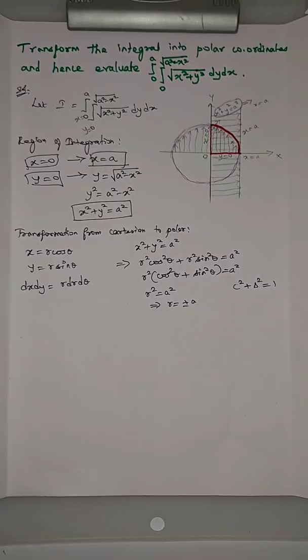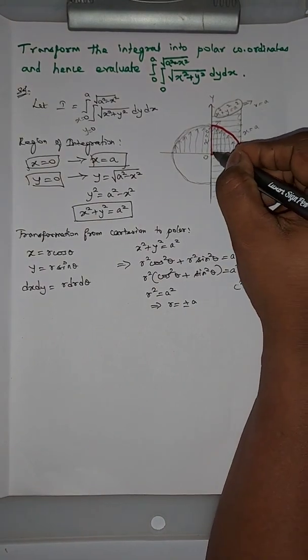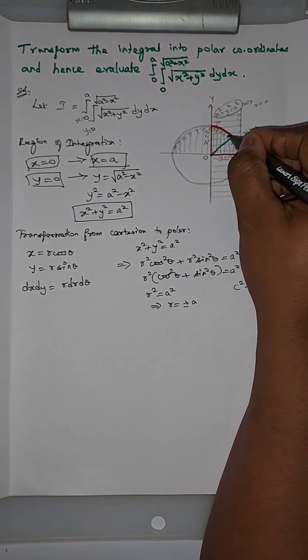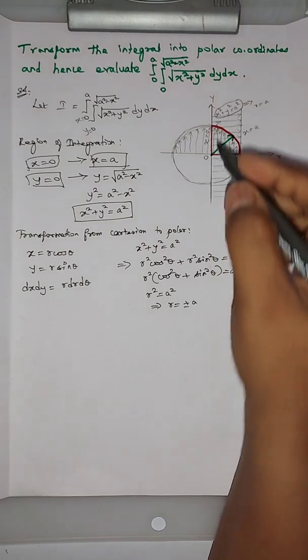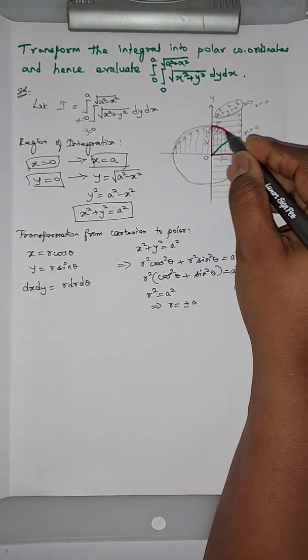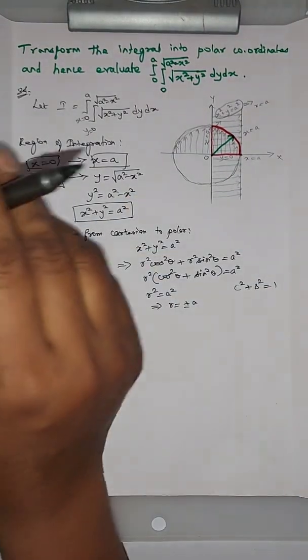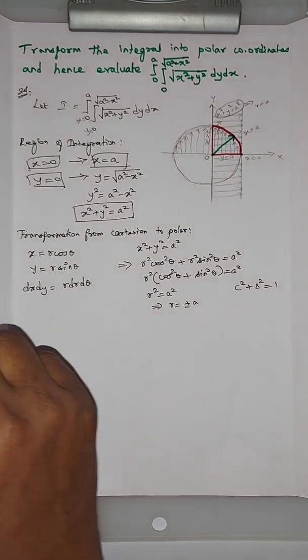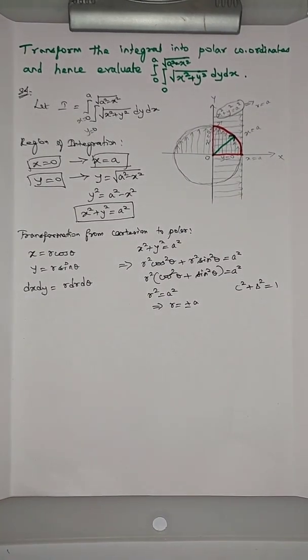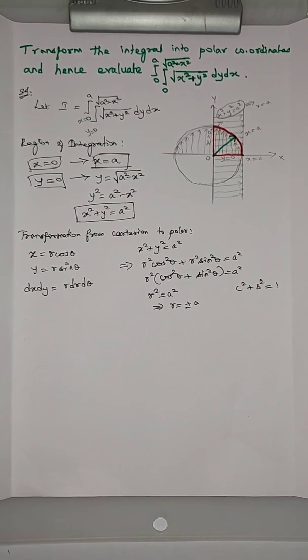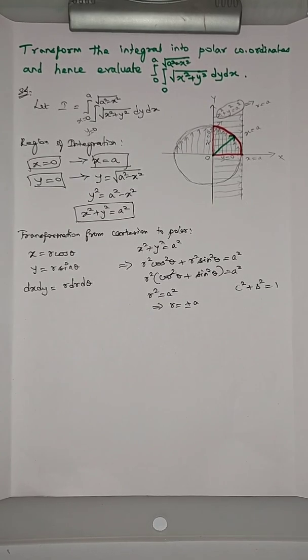Now considering a line from the origin to the curve. A line starting from the origin to the curve becomes the limit of r, because we have to convert all the terms, Cartesian x comma y, into polar form r and theta.